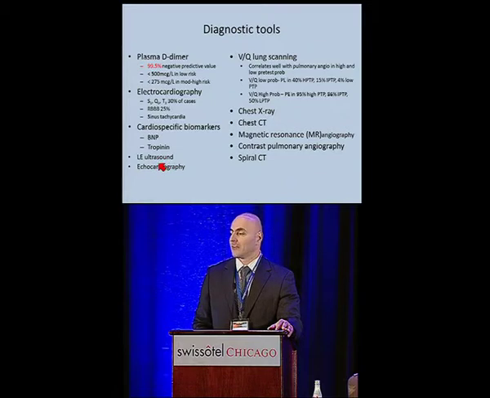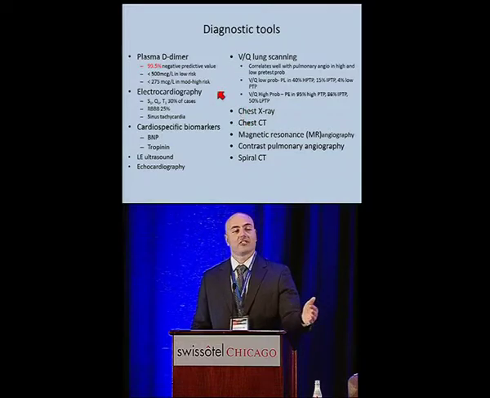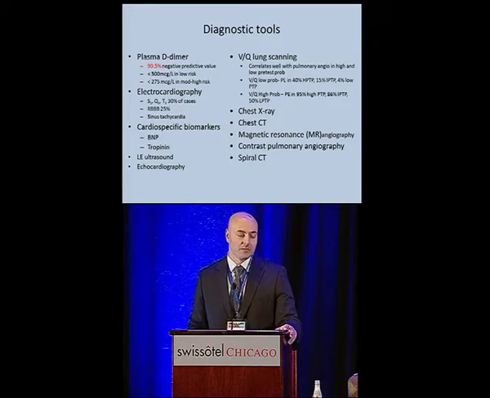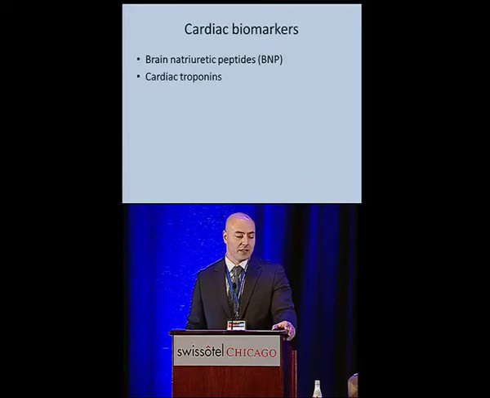All patients, I think it's the standard with massive PEs and submassive PEs that we get a venous ultrasound. Echocardiogram we'll talk about later. VQ scans are helpful in patients that are low risk to have a low probability, or are high risk patients that have high probability. The intermediate is not as valuable. And then, of course, we have other modalities such as CT scan, which we'll talk about.